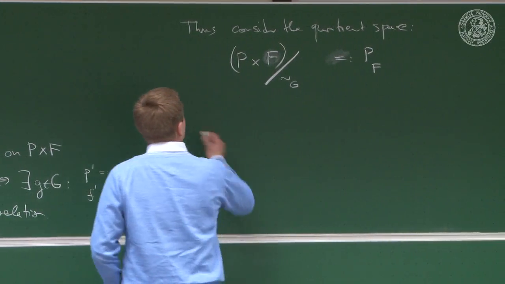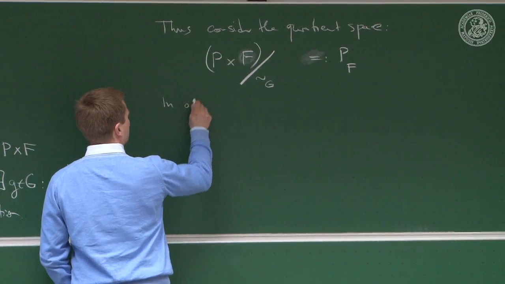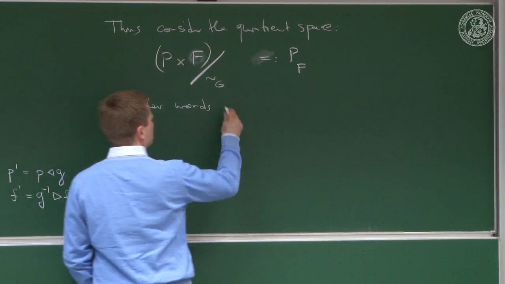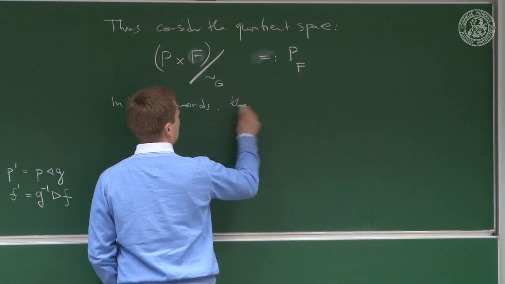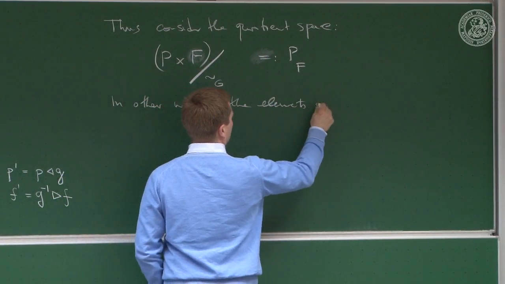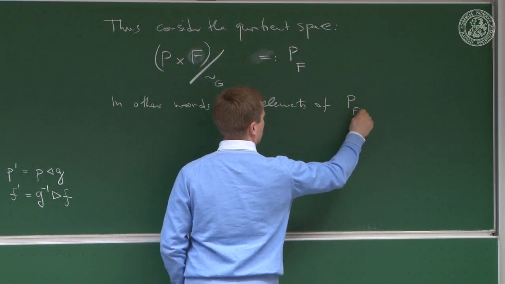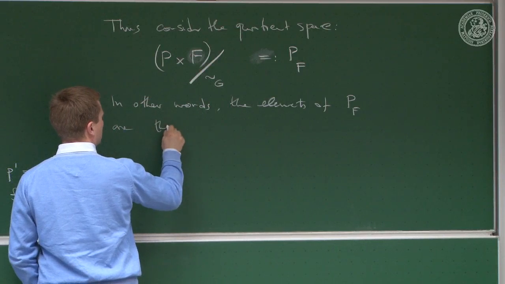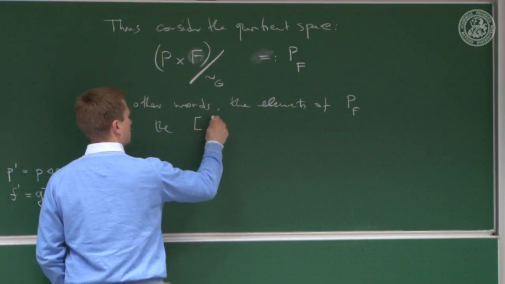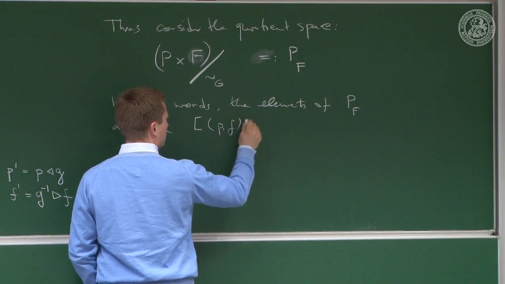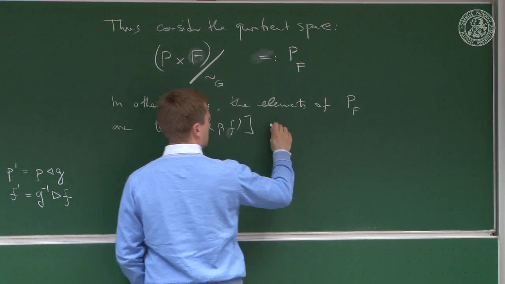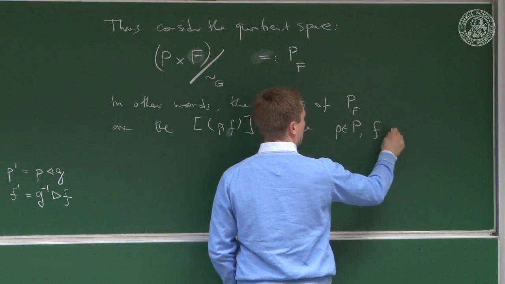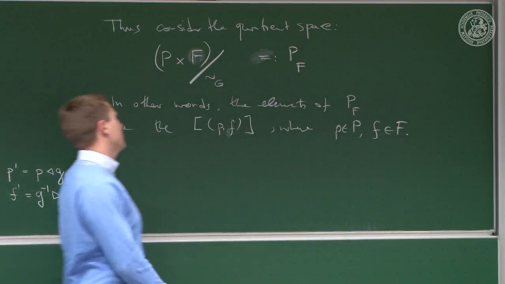And so, in other words, the elements of this PF are the equivalence classes [P, F], where P is any element in P and F is any element in F.